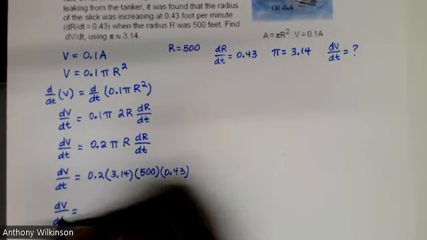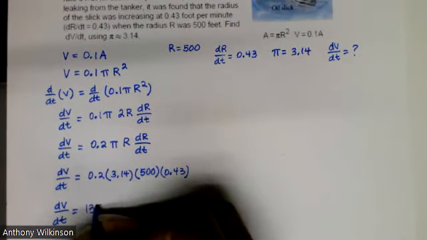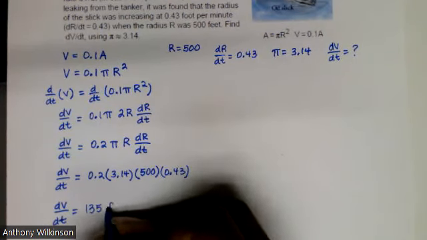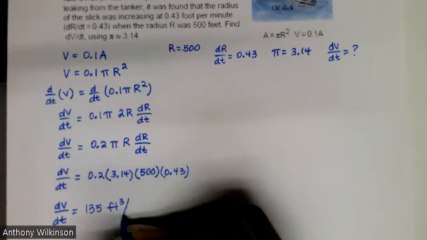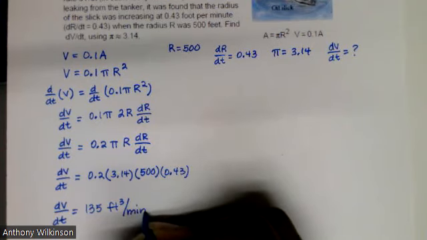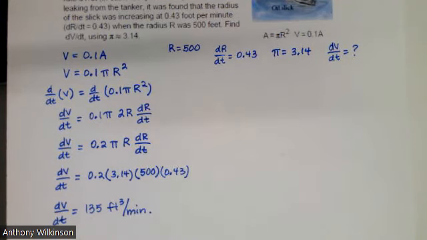Volume is in cubic feet, so it'd be 135 cubic feet per minute. So in other words, the volume will be increasing at a rate of 135 cubic feet per minute. Okay, and that's all there is to that problem.